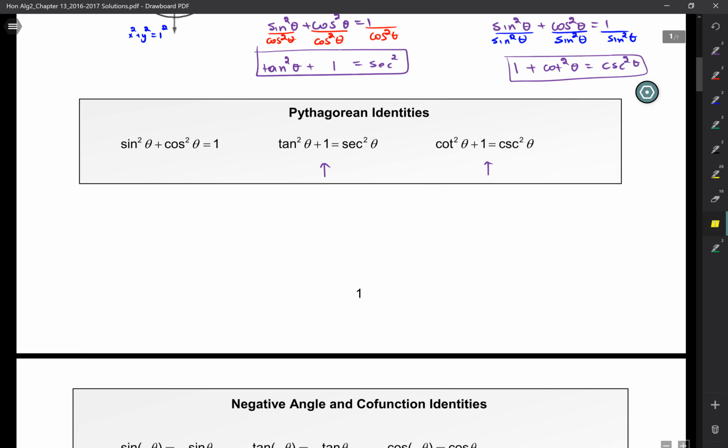So, moral of the story, everybody knows this. You need to memorize this. The other two, you derive.